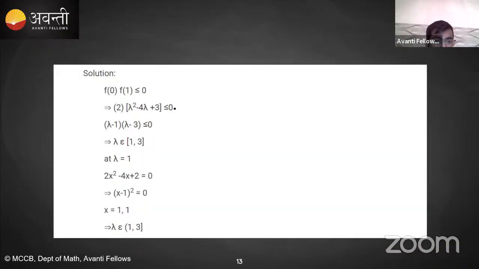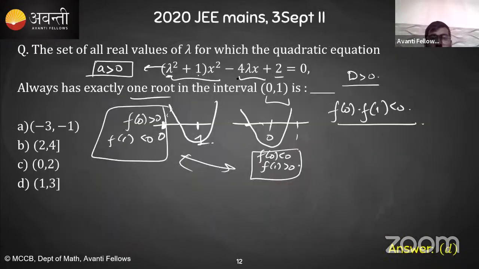From here you can find out that the discriminant is always going to be greater than 0. How? What will be the value of the discriminant? The value of the discriminant is b square, 4 lambda whole square, minus 4 into a into c.